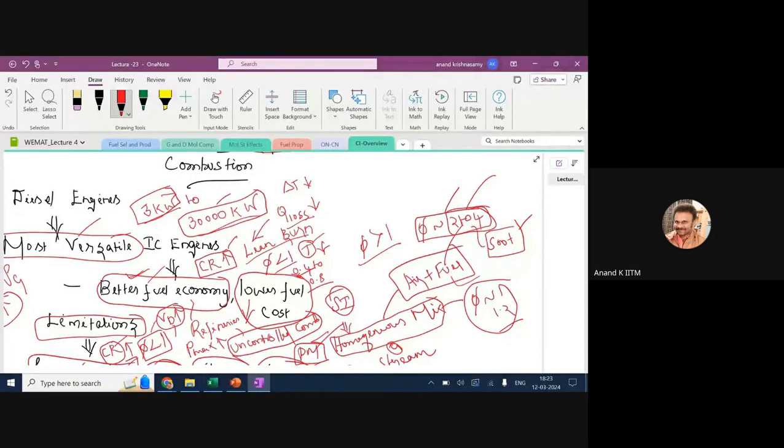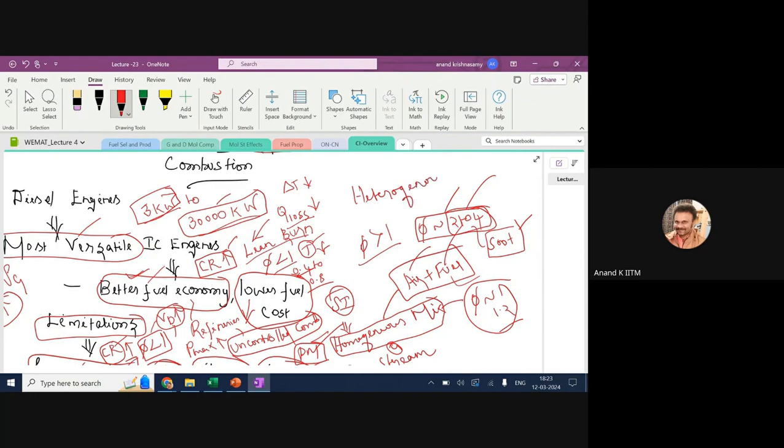The primary reason is you don't give enough time for mixing fuel and air as you do in an SI engine. Reason number one. Reason number two, the fuel that we use is diesel, which is a heavier fuel. It cannot readily vaporize. You have a heavier fuel and you are giving less time for mixing fuel and air. You end up getting heterogeneous combustion.